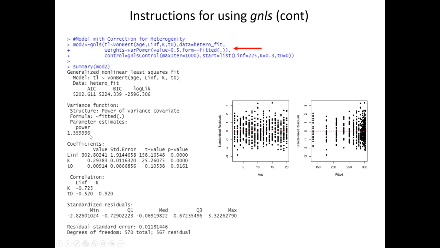You'll see the estimated theta value, I guess, the 1.35. And then it corrects for that using that equation. And on the right, you can see the results on the residual plot showing that pretty much fixed the problem.